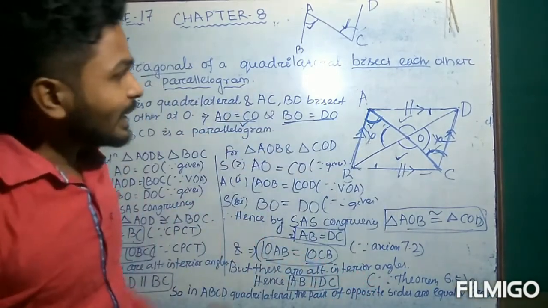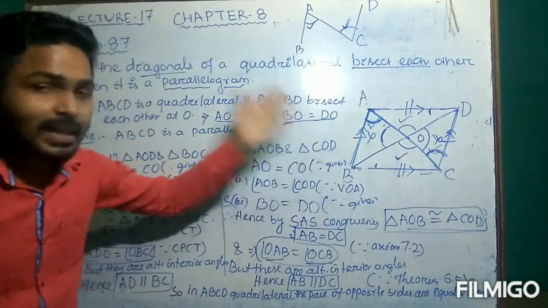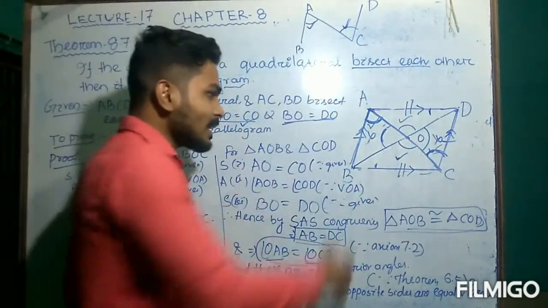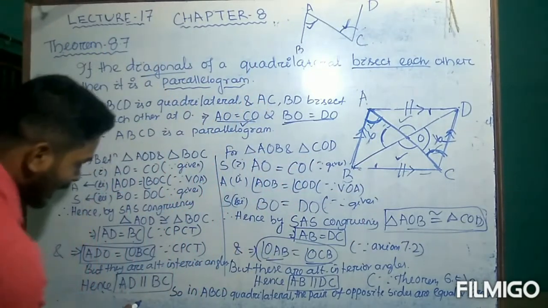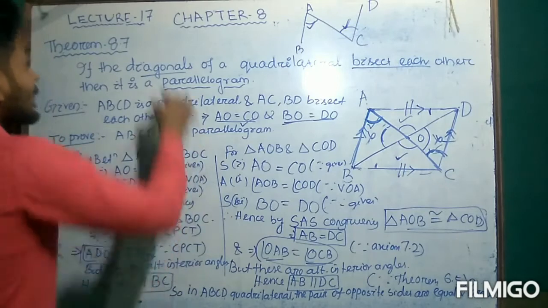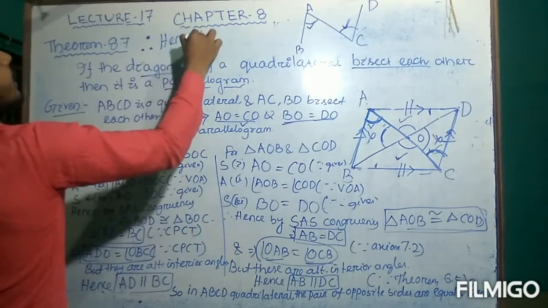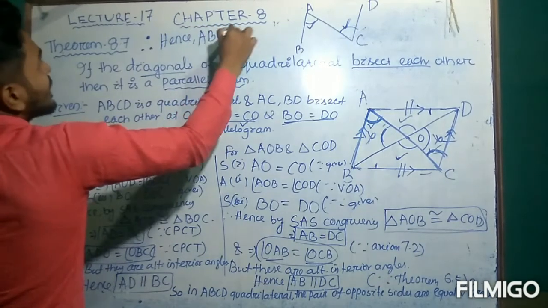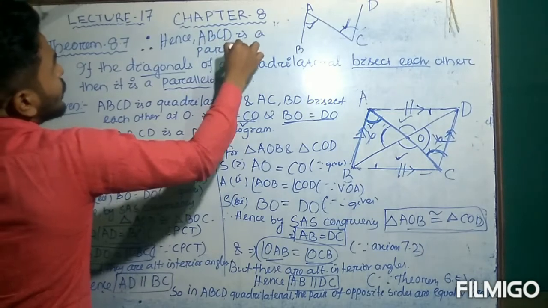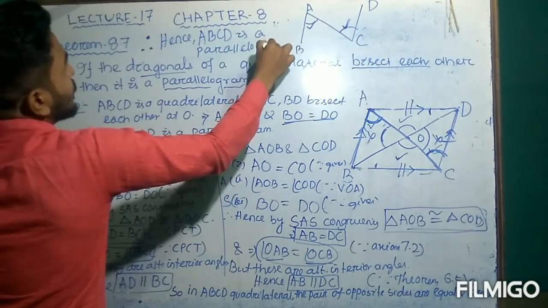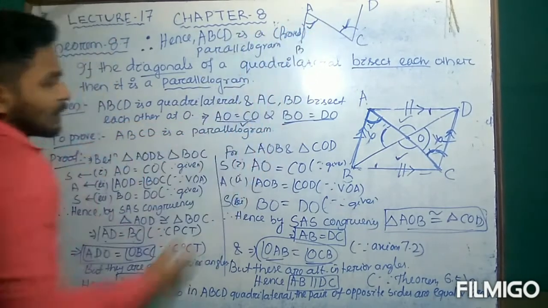And we know if in any quadrilateral a pair of opposite sides are equal and parallel, then it is known as a parallelogram. Hence, ABCD quadrilateral is a parallelogram. There is no space, so I am writing here. Hence, ABCD is a parallelogram, and now it is proved.